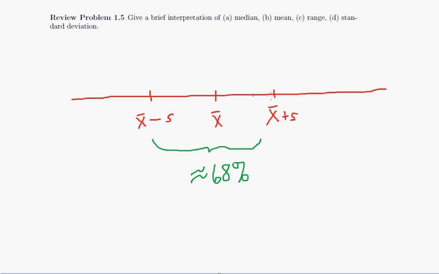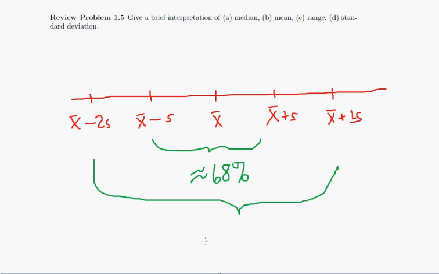And if you go up another standard deviation and go down a standard deviation, then in this bigger range, something like 95% of the entries ought to lie in this bigger range.